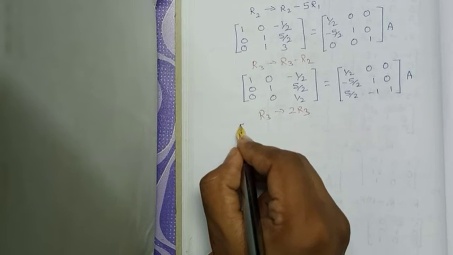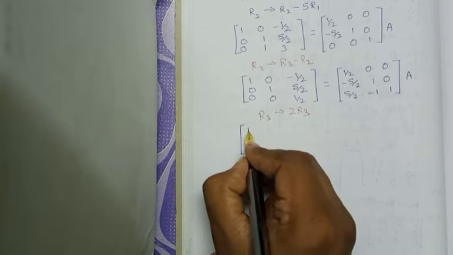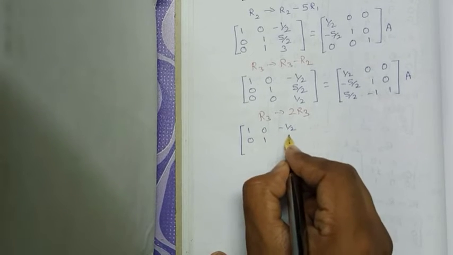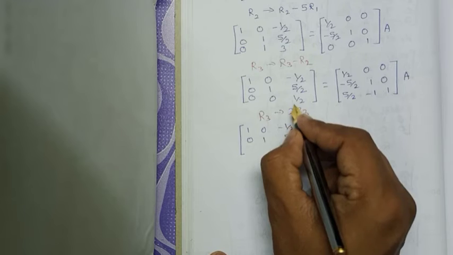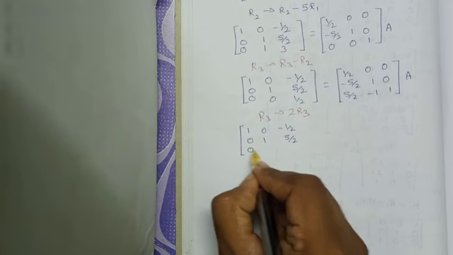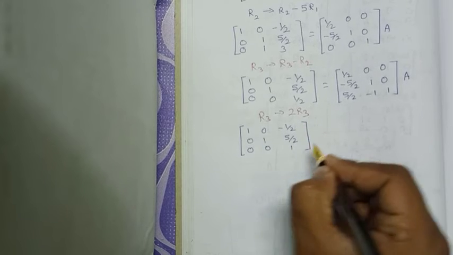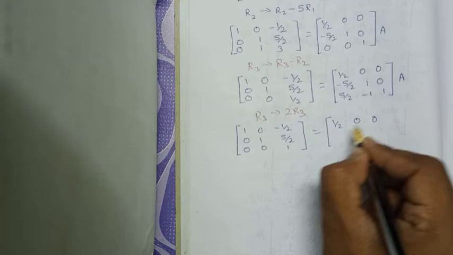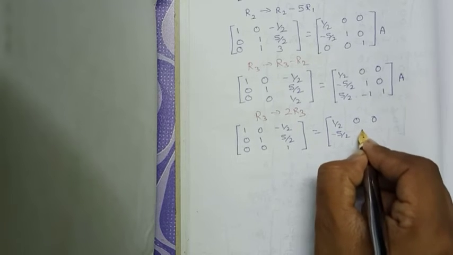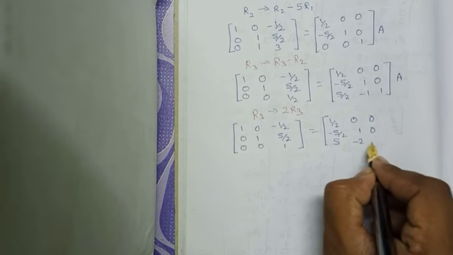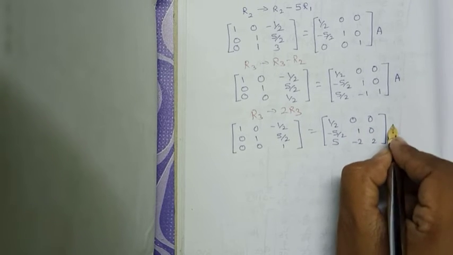We write down the first two rows 1, 0, minus 1 by 2, and 0, 1, 5 by 2. We multiply each entry in row 3 by 2. So we get 0, 0, 1, which is equal to 1 by 2, 0, 0, minus 5 by 2, 1, 0, and here 5 minus 2, 2 into A.